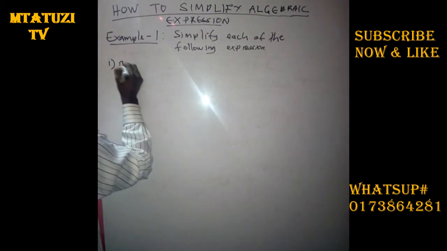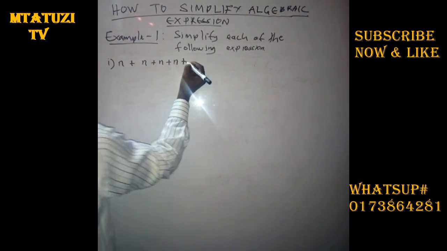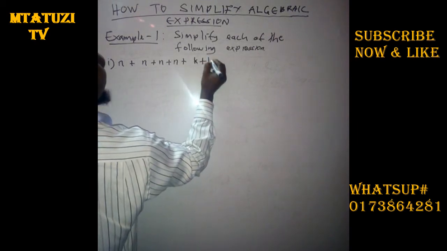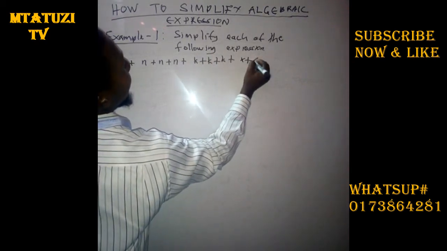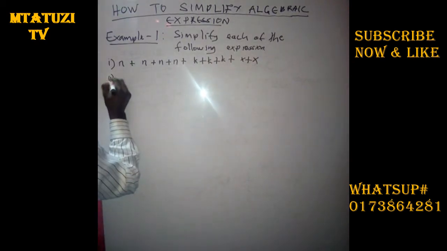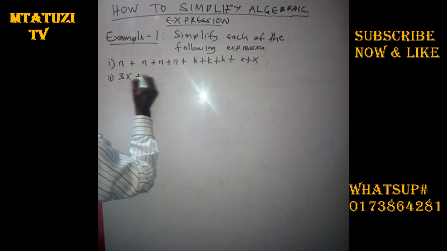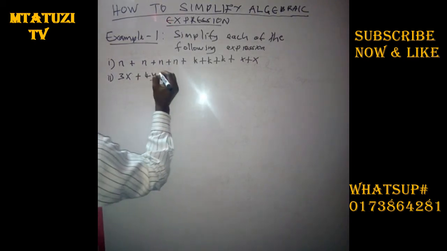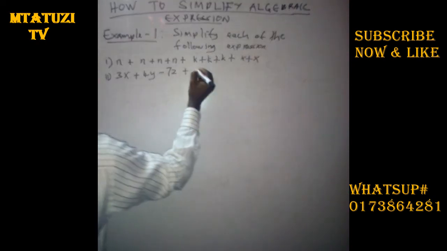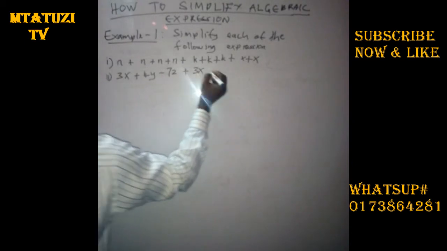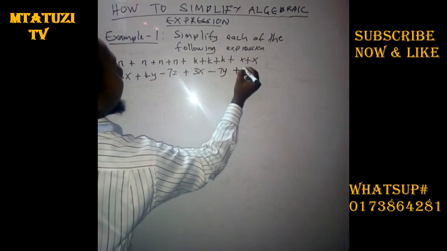Roman 1: n plus n plus n plus n plus k plus k plus k plus x plus x. Roman number 2: 3x plus 4y minus 7z plus 3x minus 7z minus 7y plus 2z.